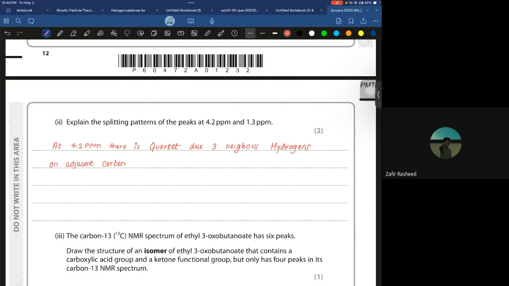This is worth 2 marks, so you have to state that as well.